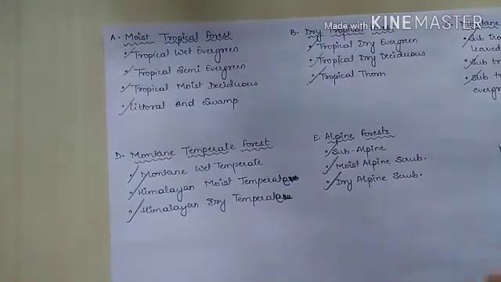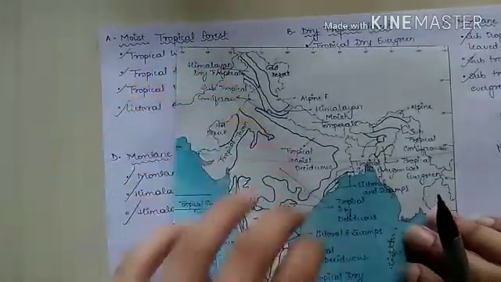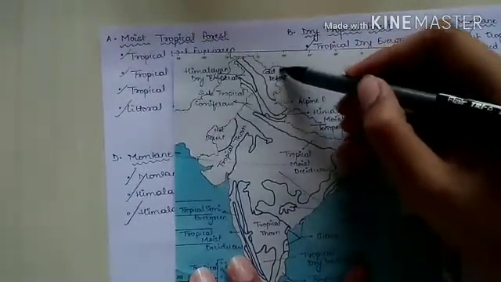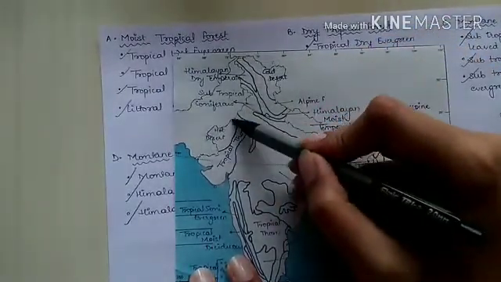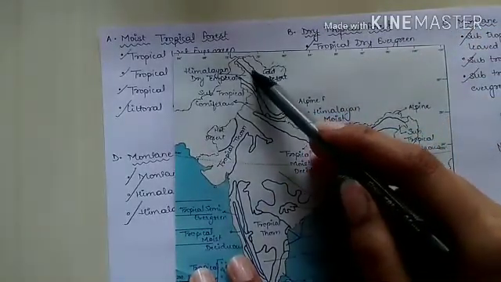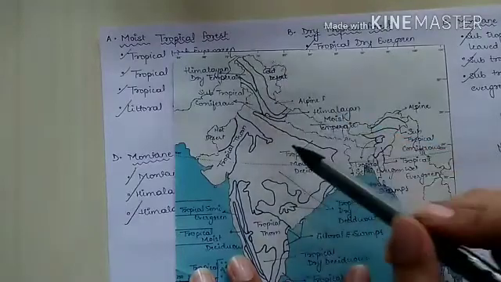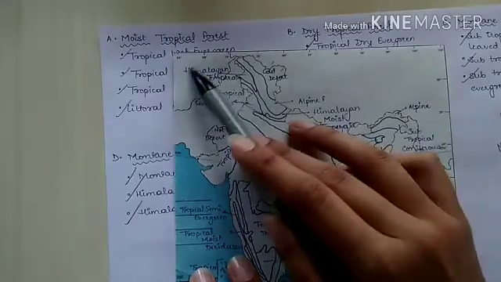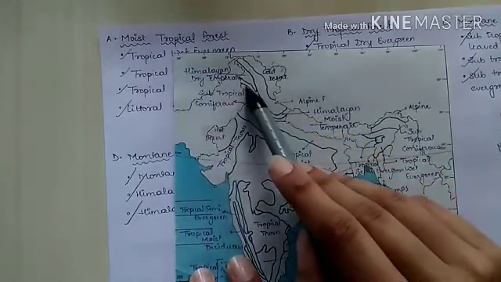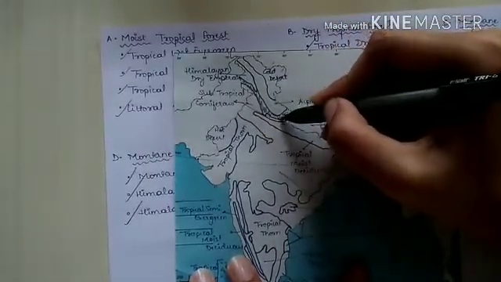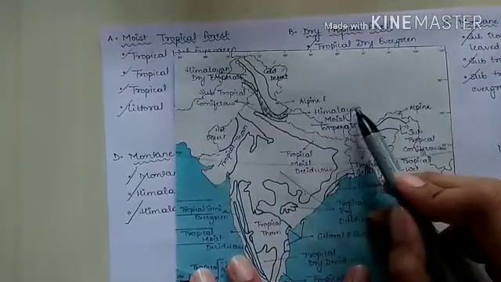Now we will look into their basic distribution. Here we have cold desert, and here we have hot desert. Here we don't have any vegetation. These are alpine forests. Below that we have Himalayan dry temperate forest, and this strip is basically Himalayan moist temperate forest.